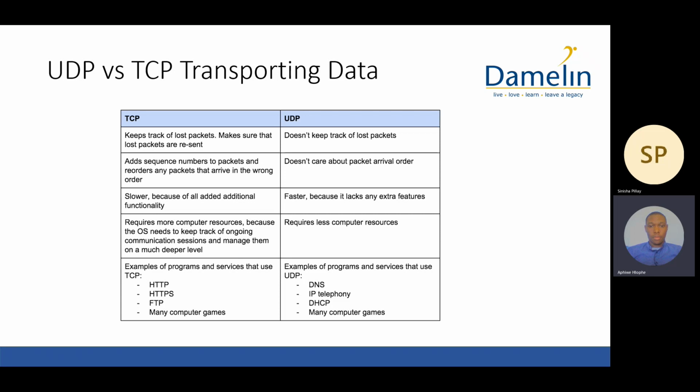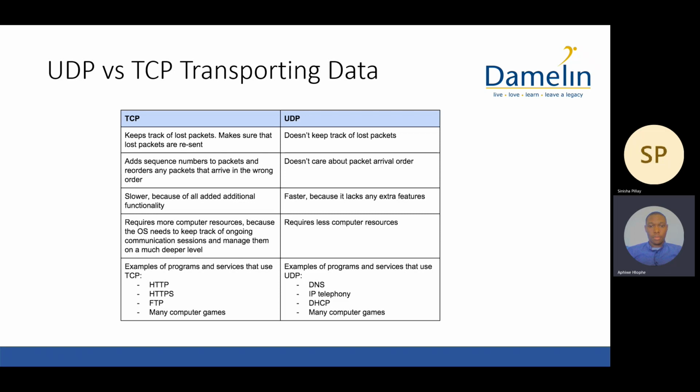So we tend to say that TCP is connection oriented because before the computers communicate, they acknowledge each other. Okay, they exchange information about each other. So you can see the list of those services that use TCP.